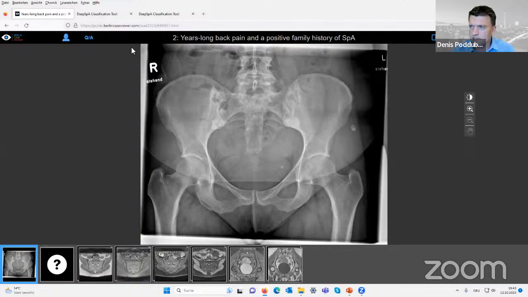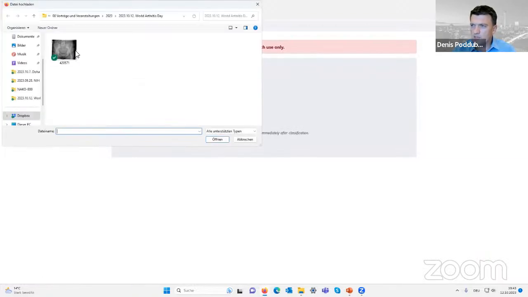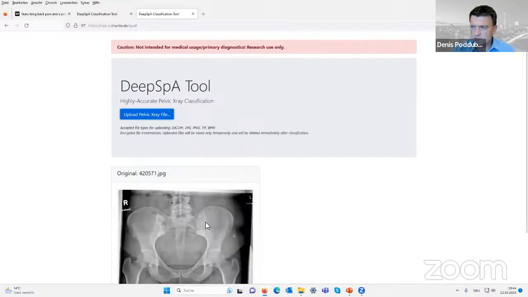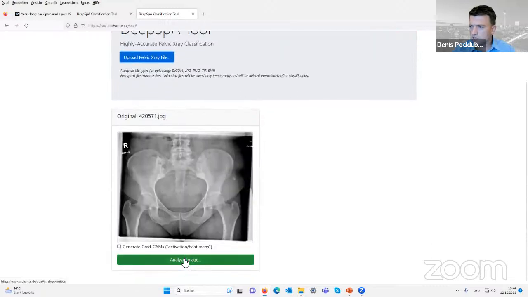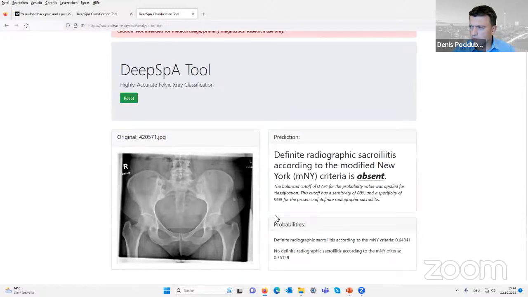But in any case, we can ask artificial intelligence what would be the opinion based on the training on those 2000 images it saw in the past. So you can upload, you can even generate activation maps. In this case, to get the quicker result, I would refrain from this.